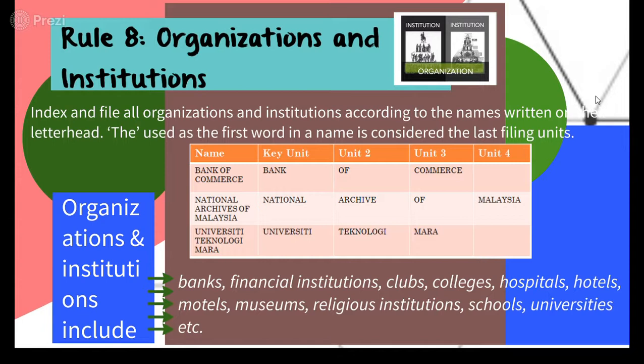You can see the example. Organizations and institutions include banks, financial institutions, clubs, colleges, hospitals, hotels, motels, museums, religious institutions, schools, universities, etc.